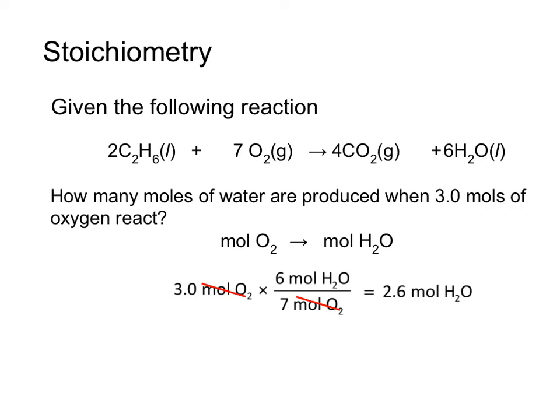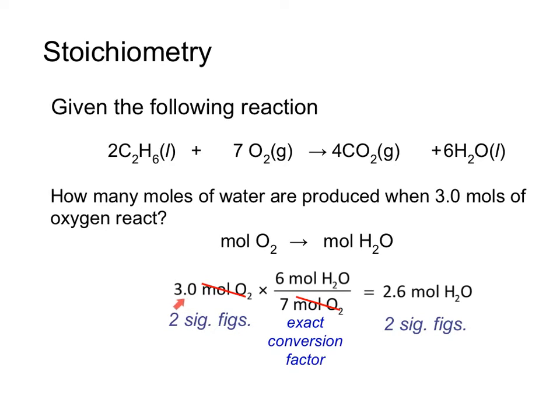It's also important for us to note that these conversion factors from the stoichiometric ratio are exact numbers. It is exactly 6 moles of water that are produced per exactly 7 moles of oxygen. Therefore, the significant figures only come into account from the information that we start with.